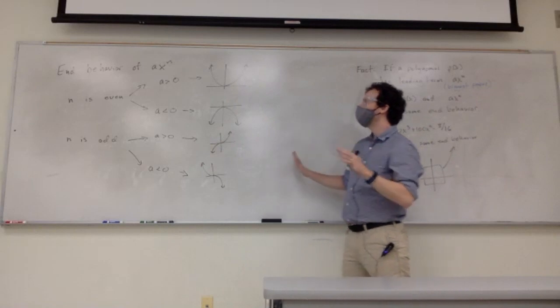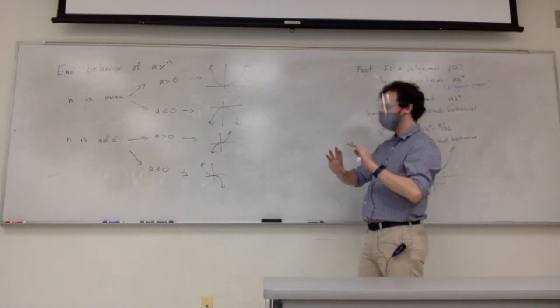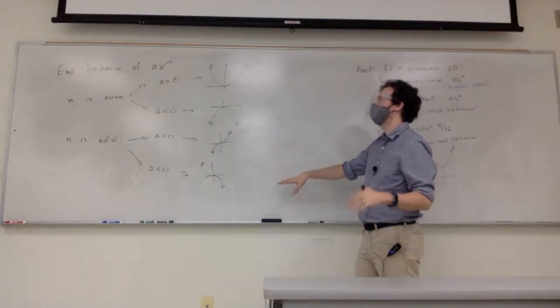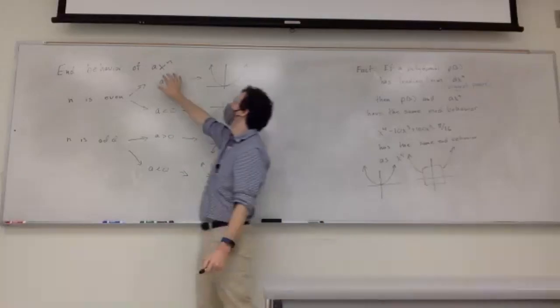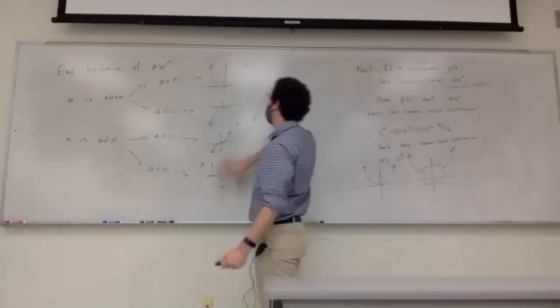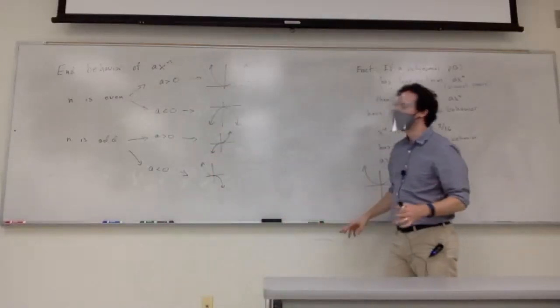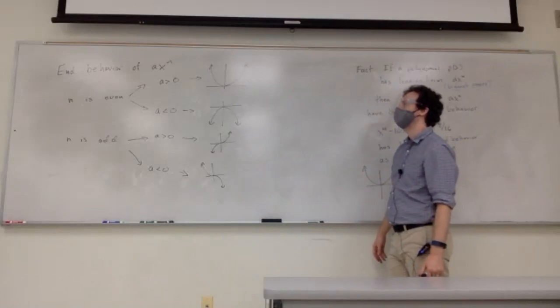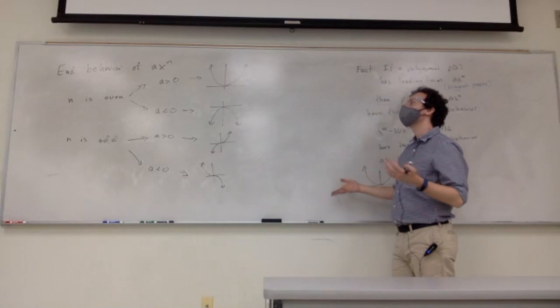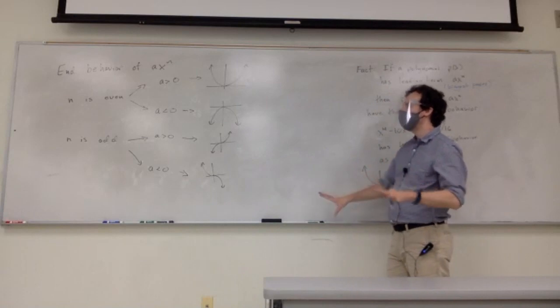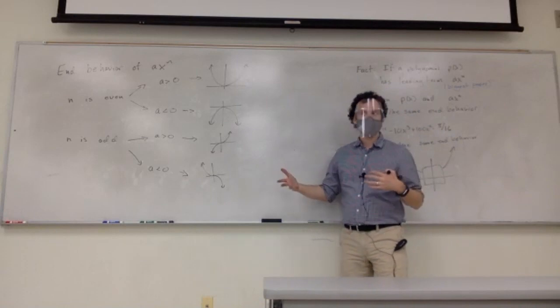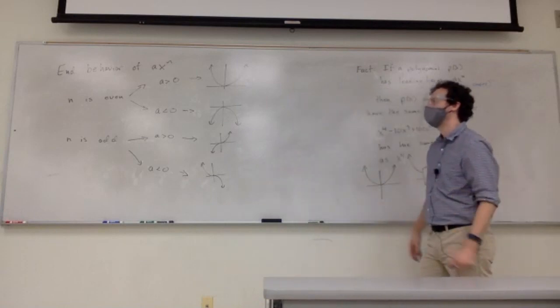So for polynomials, we can totally understand what they are doing. It all comes down to the leading term. There are a few basic shapes, and then we pick if it's infinity or minus infinity. In particular, for polynomials, their end behavior is always infinity or minus infinity in the two directions. They don't have any horizontal asymptotes at all.